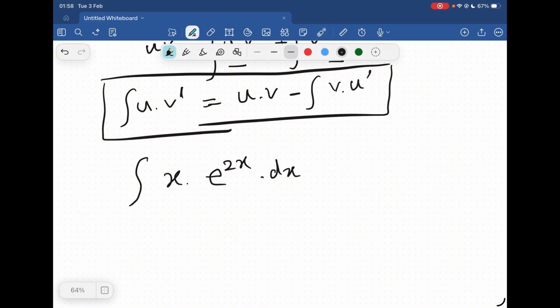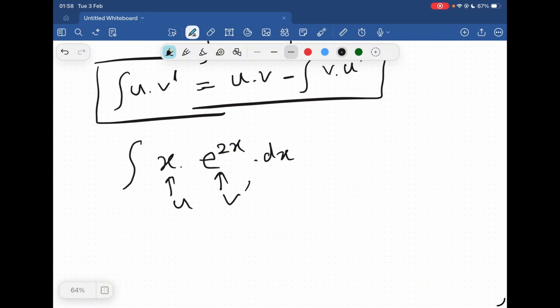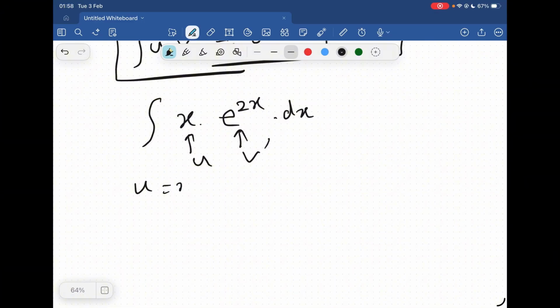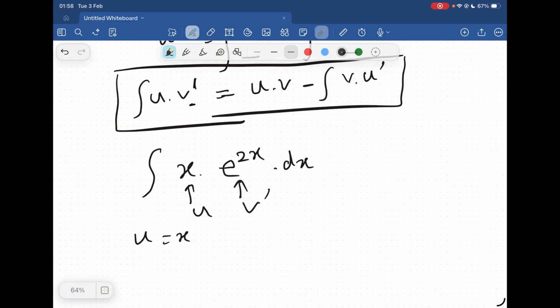So for example, in this case, integrating e to the power 2x is easier. Integrating x is also easy, and differentiating either of these is also going to be easy. So for me, let me choose x as u, and e to the power 2x as v prime. Now, when u is x, let's find all the things that we have to substitute.